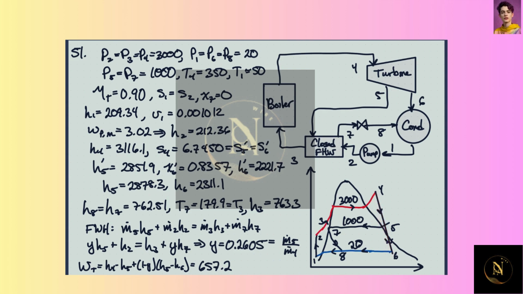Obviously, from the previous problem, having a non-isentropic turbine also hurts our efficiency, as we would expect.